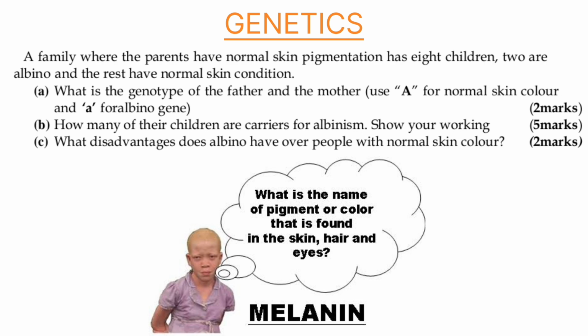It's produced by specialized cells called melanocytes, and it's responsible for the color of our skin, our hair, and even our eyes. So individuals with albinism typically have very pale skin, white hair, and light-colored eyes. Such eyes may even appear reddish because of the visible blood vessels.